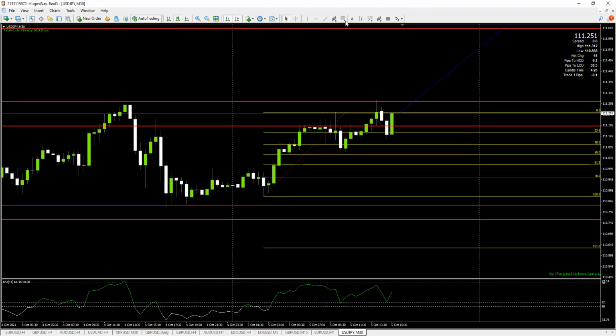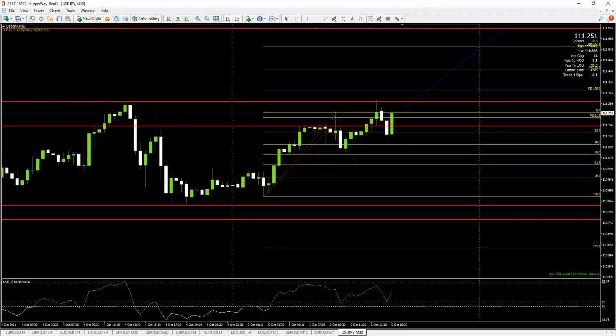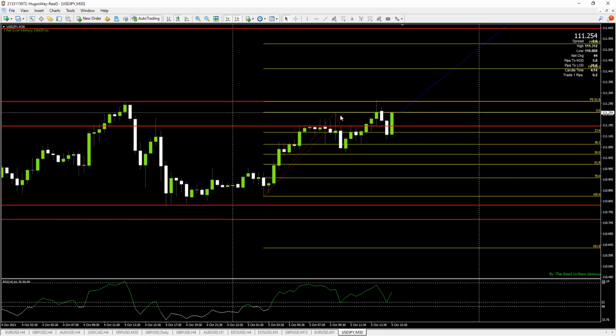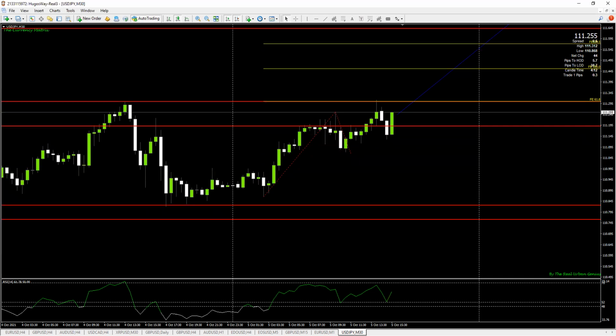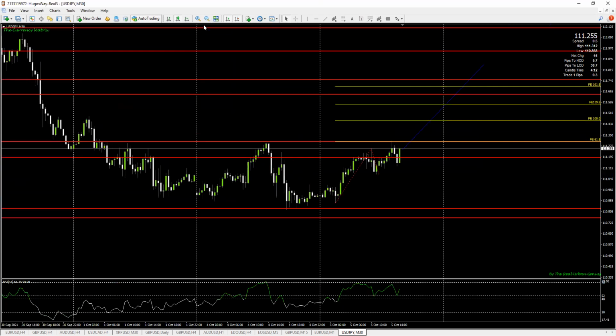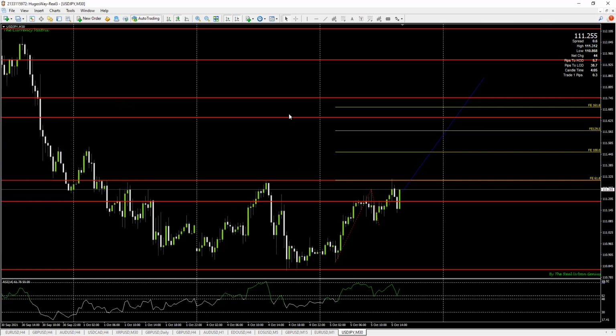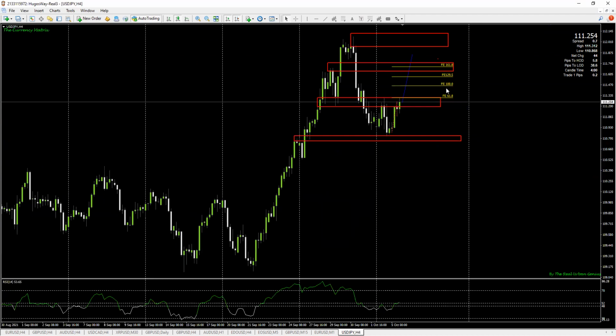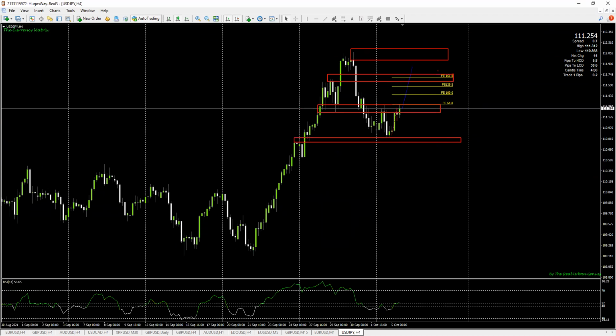So with that ABCD pattern in there, swing low, swing high, back to C. Now we have D, which, if we zoom out, brings us right back into one of our previous zones that we identified on the 4-hour chart. Everybody see that?